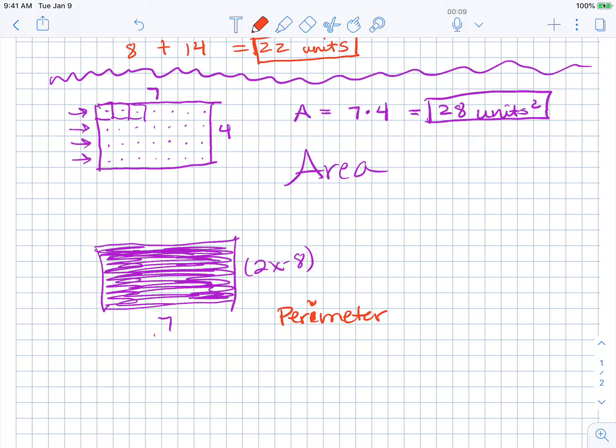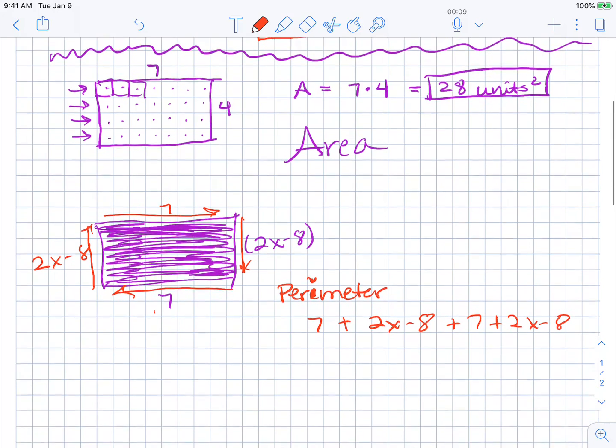So this is really 7 over here as well, and this is going to be the same on both sides. So I have 7, right? I would go this direction, and then I'd go this direction. So 7 plus 2x minus 8, and then I go this direction again, plus 7, and then this direction, plus 2x minus 8.